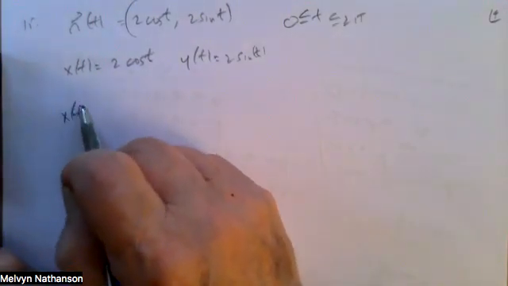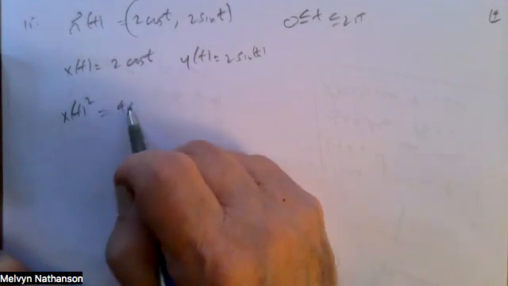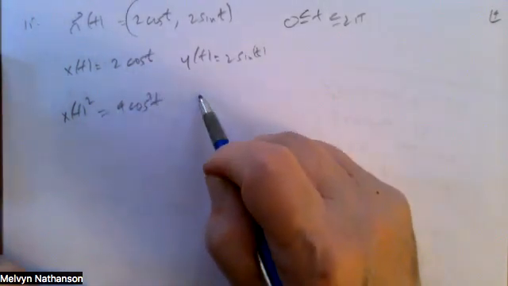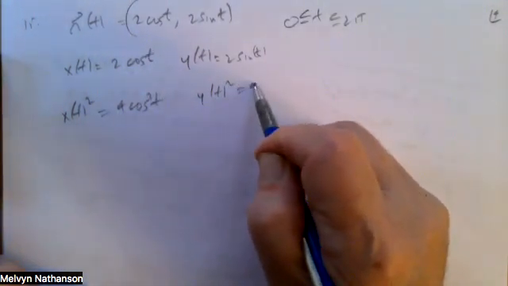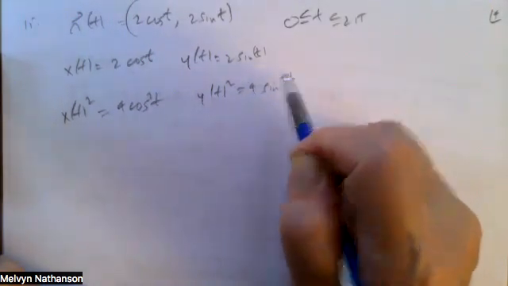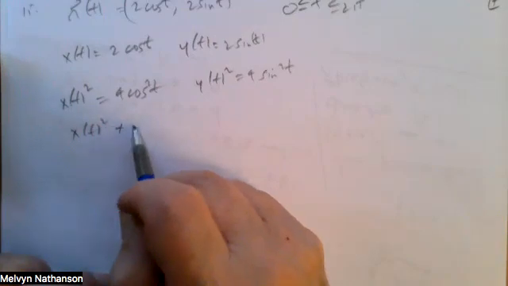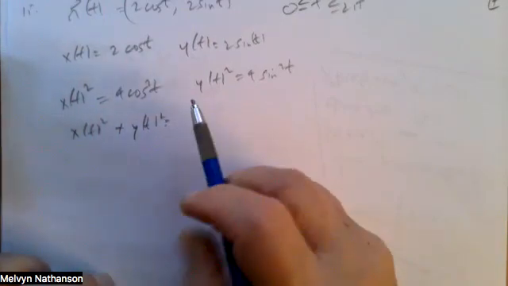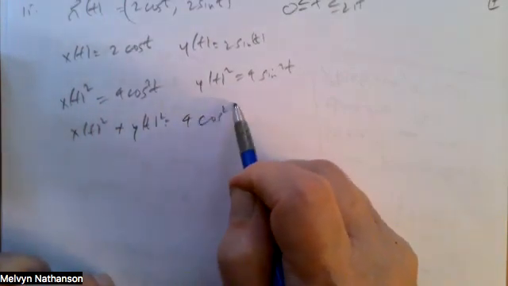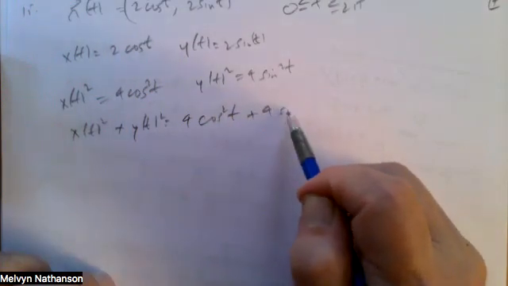Now you should recognize these. For one thing, if you take x of t squared, that's 4 cosine squared t. y of t squared is 4 sine squared t. So x of t squared plus y of t squared is 4 cosine squared t plus 4 sine squared t.